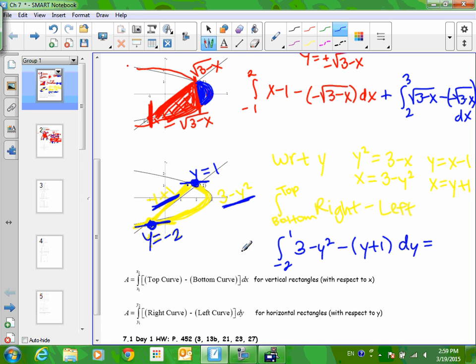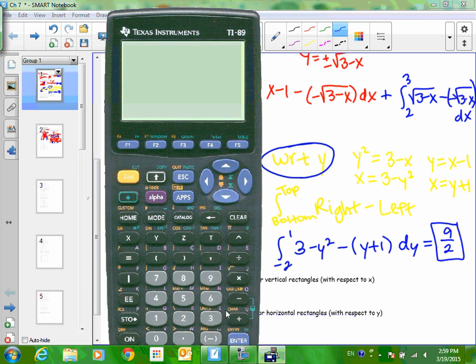Okay, so one last thing. When we're doing with respect to y, the bounds are y values, bottom to top y values. The functions are in terms of y, and we have a dy. So everything's in terms of y. All right? You plug this into your calculator, you get 9/2. And so I'm actually going to go ahead and do this just to make sure we're all good.